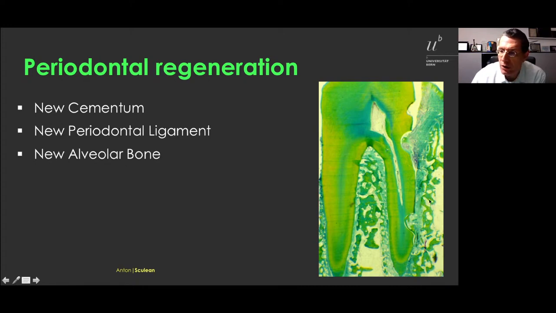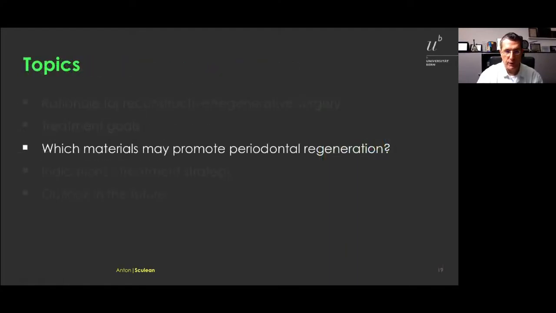This is the green stained tissue, and the proliferation of the epithelial cells stops at the most coronal part of the newly formed cementum. So this is, dear colleagues, the only possibility to prove, at least nowadays, periodontal regeneration.